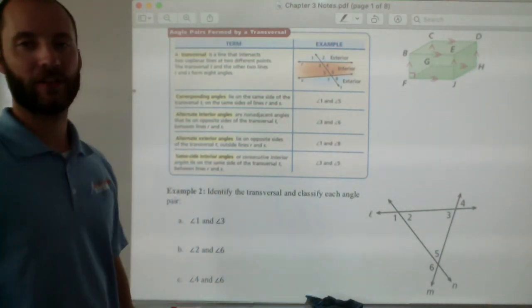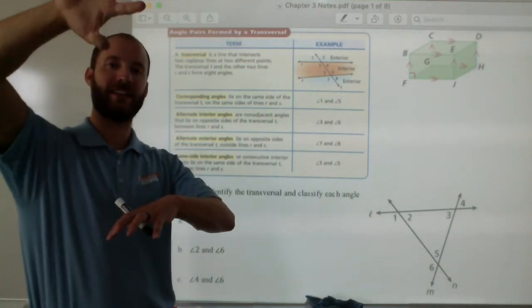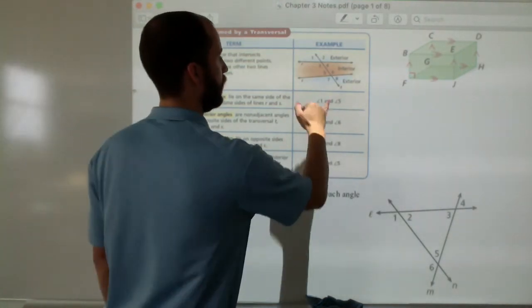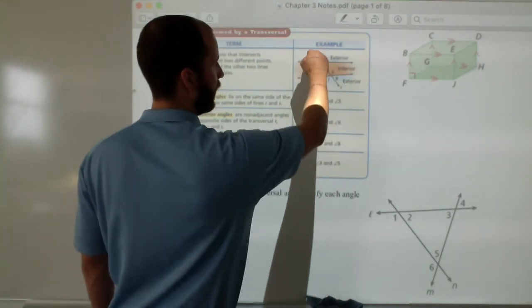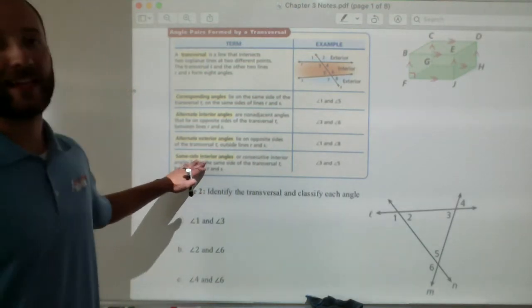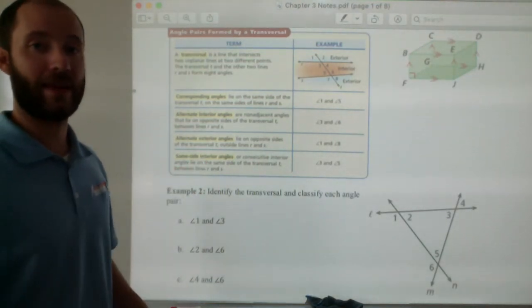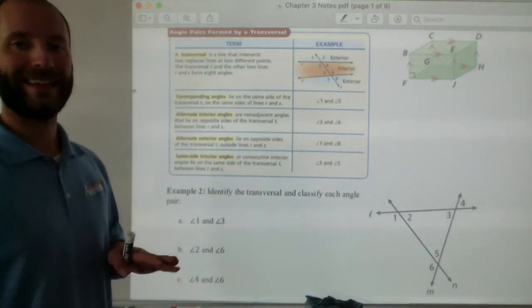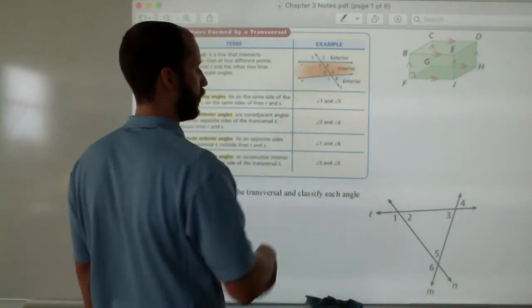Alternate exterior, so alternate, opposite sides of the transversal, but then in the exterior, outside the 2 lines. So 1 and 8, 1's on the left, 8 is on the right, and then they're both in the exterior, or 2 and 7. And then same side interior. Really, these are describing the location. Same side of the transversal, interior in between the lines. So 3 and 5, or 4 and 6.